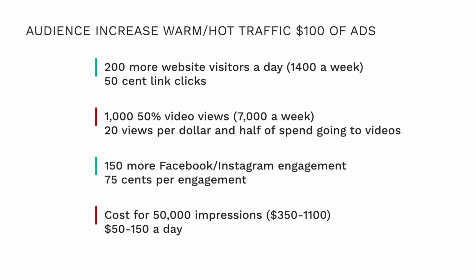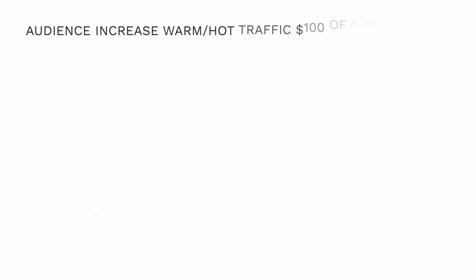I've seen it as low as 15 cents all the way up to close to $2. It'll depend on your ads, industry, when you're running it, all things like that. I'm also estimating if we spend $100 in ads and half of our budget is going toward videos, we generate an additional 1,000 people who viewed 50%. And then with Instagram engagement, it tends to be around the range of link clicks.